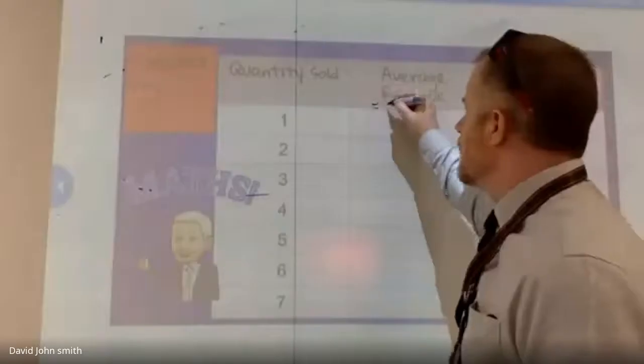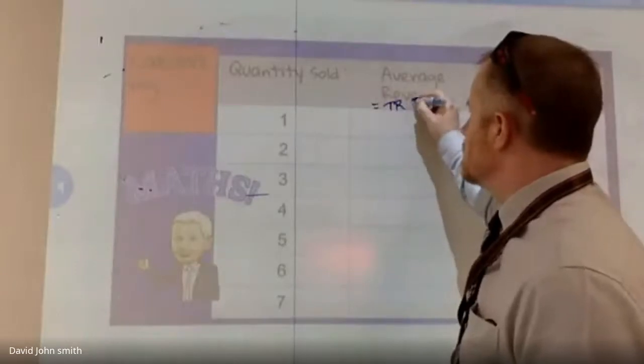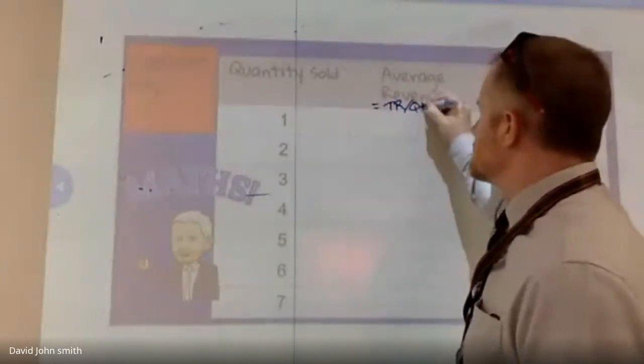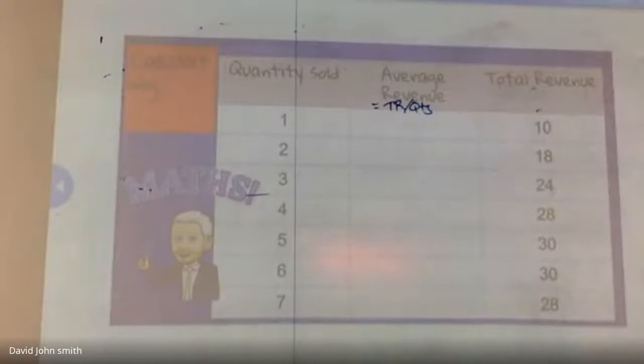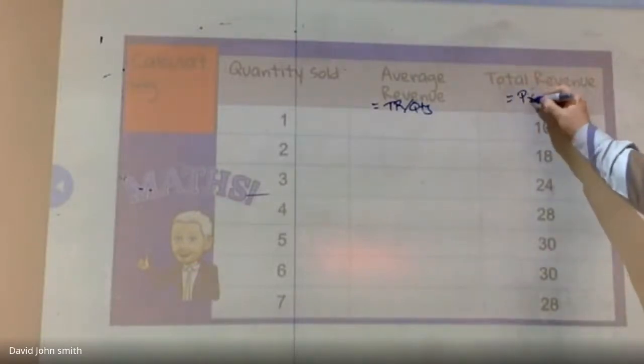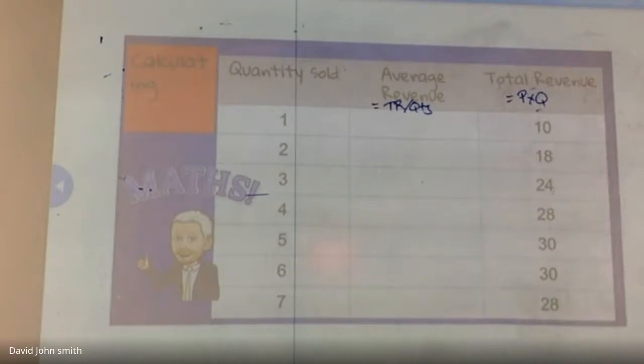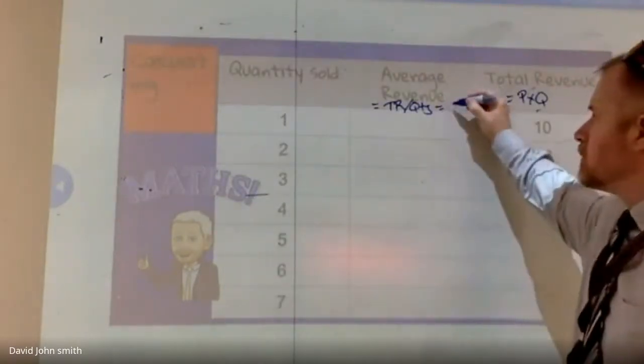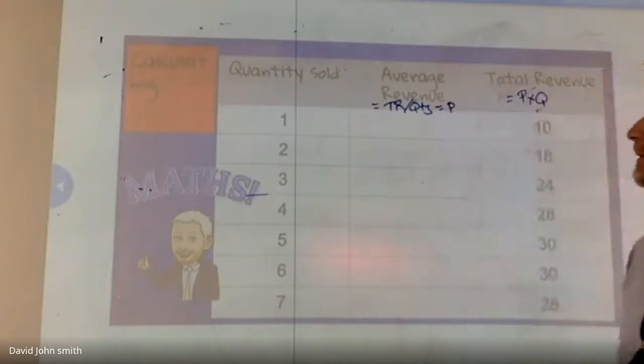Remembering that your average revenue is going to be your total revenue divided by your quantity. Total revenue, of course, is price times quantity. Average revenue, therefore, is also equal to your price.